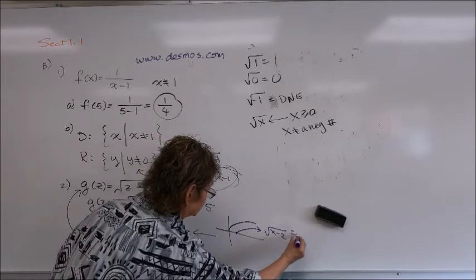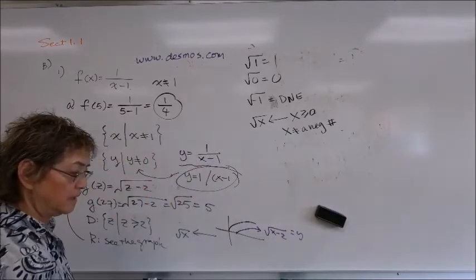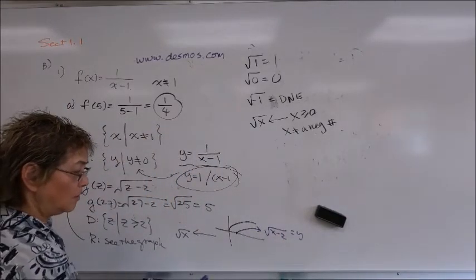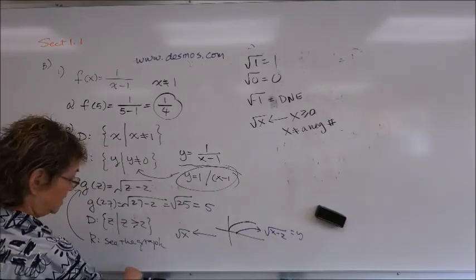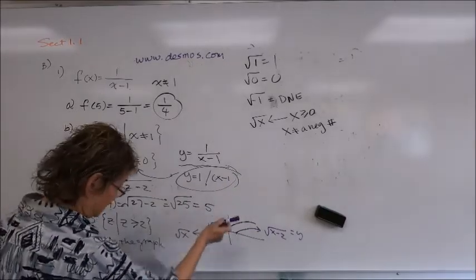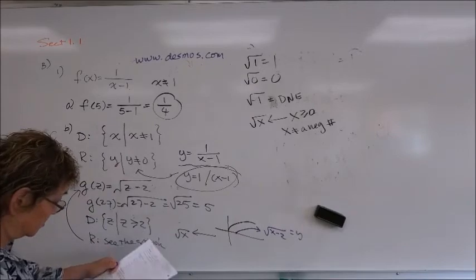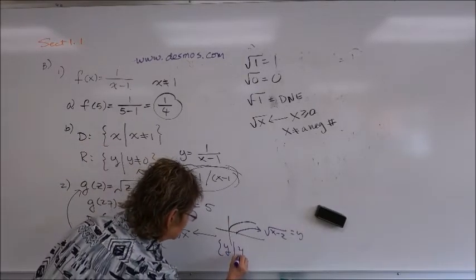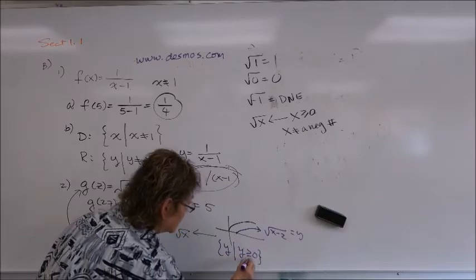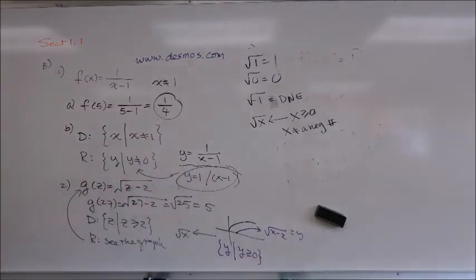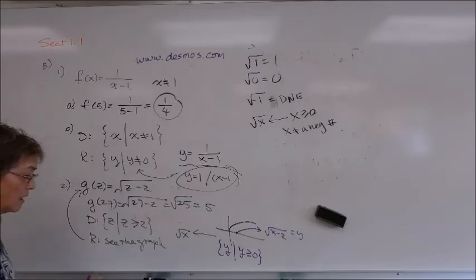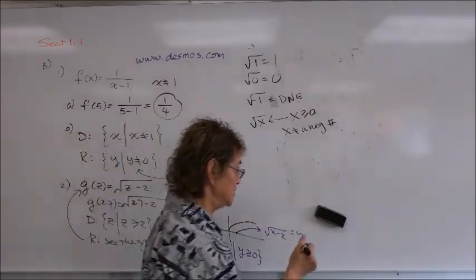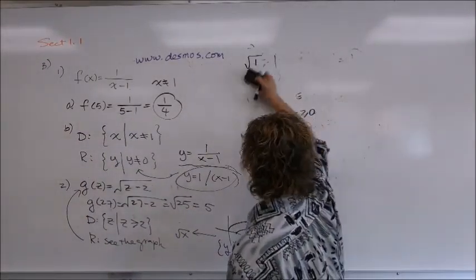That's your y. Right? So what kind of y values are those? You can see the y values go this way. That means your y is what? Bigger than or equal to 0. We will review this more when we go through function transformation and graphing.